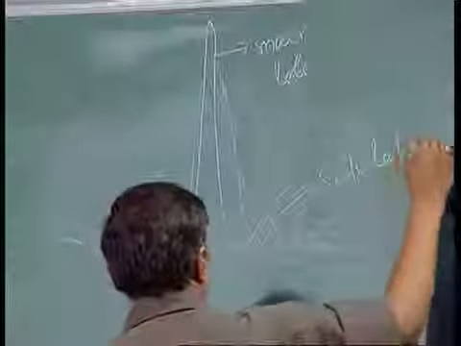Each individual antenna will not exceed lambda in length, because otherwise they will lose the characteristics of individual elements. So, each individual element cannot be greater than lambda, keep that in your mind. But L can be lambda by 2, lambda by 4, or lambda.